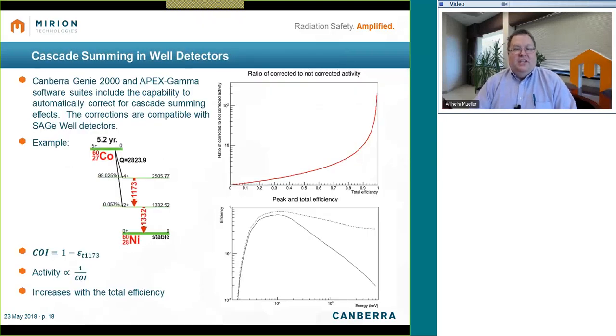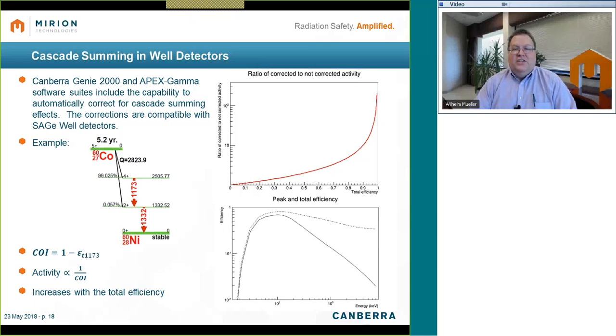The other advantage of being compatible with LabSOCS is that it gives access to the Cascade Summing correction algorithms that are available in our Genie 2000 and Apex Gamma software packages. As you may be aware, our Genie 2000 and Apex Gamma have a methodology which allows users to automatically correct for Cascade Summing losses within their measurement.